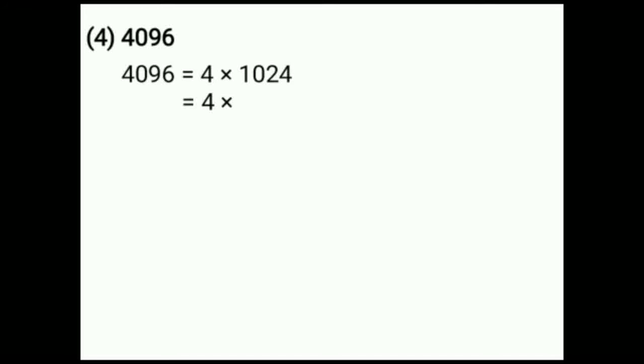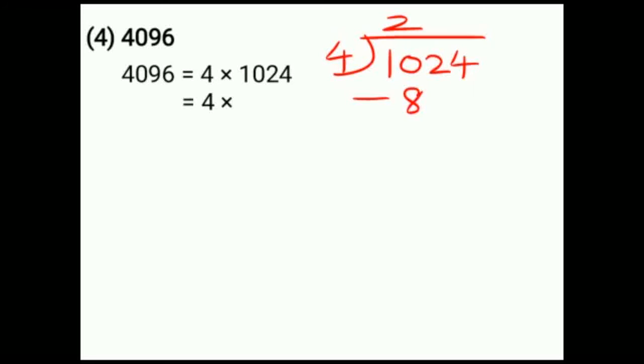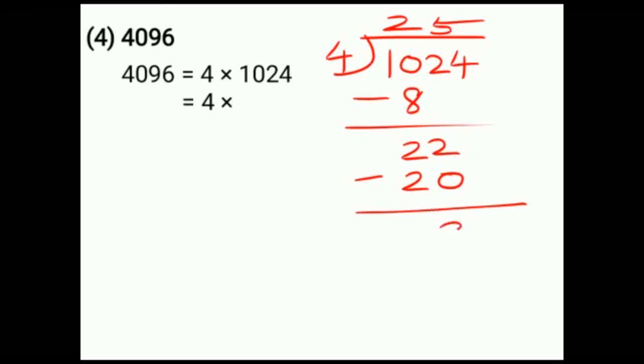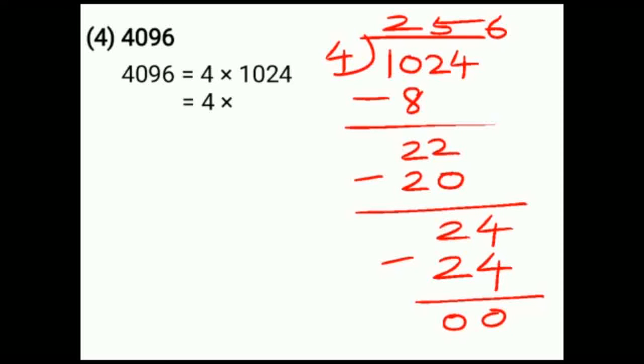Now again divide 1024 by 4. When you divide 1024 by 4, I am getting the quotient 256.